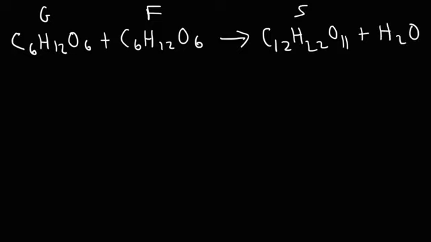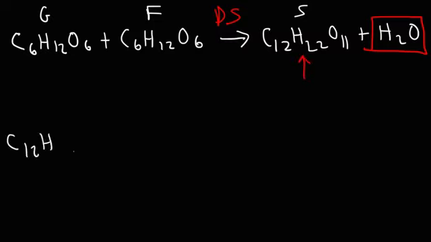And the only thing that's missing to balance the equation is water. So this is an example of a dehydration synthesis reaction. It's dehydration because we're losing water, but it's also a synthesis reaction because we're taking 2 smaller components, glucose and fructose, and we're synthesizing sucrose.